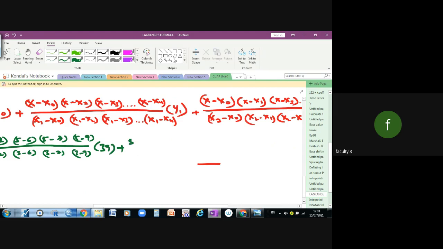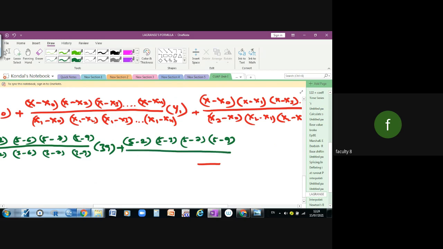so as you know, 5 minus x0 is 2, and 5 minus x1, how much is x1? 3, and 5 minus x3 is 7, and 5 minus x4 is 9.